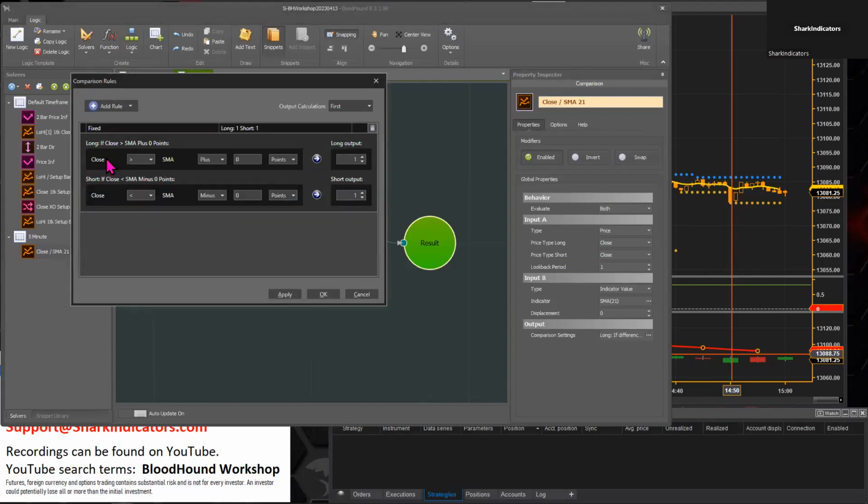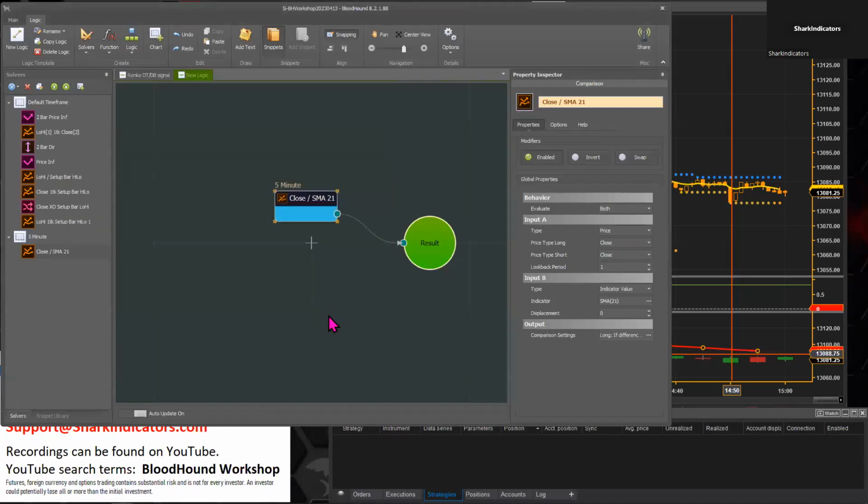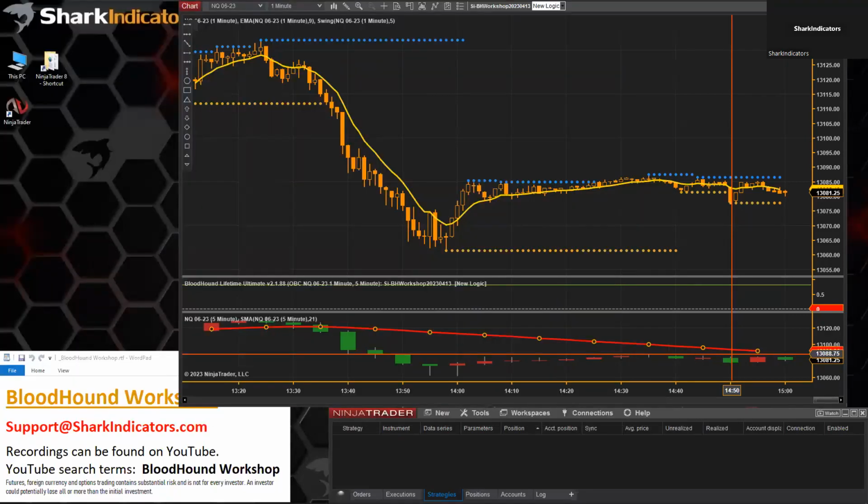For a long signal, we want the close to be greater than the SMA 21, and for a short signal, we want the close to be less than the SMA. The standard default settings are all that we need for this.